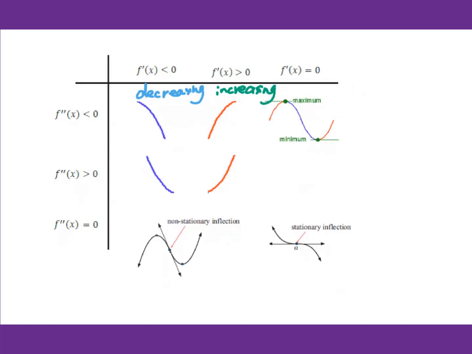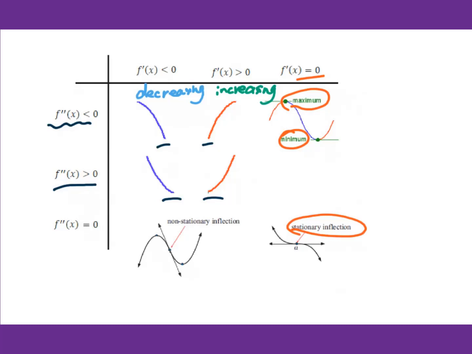When f prime of x equal to 0, it could be maximum, could be minimum, or stationary inflection. For f double prime of x less than 0, you could see this is all concave down. When f double prime of x greater than 0, this is concave up.